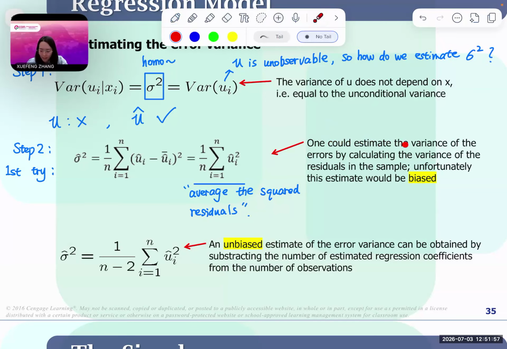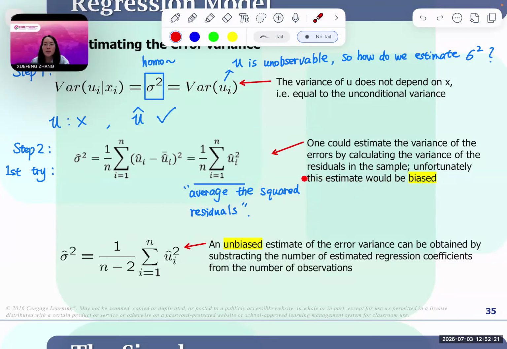One could estimate the variance of the errors by calculating the variance of the residuals in the sample. Unfortunately, this estimate would be biased. Okay, average the squared residuals. This sounds reasonable, but this is biased.